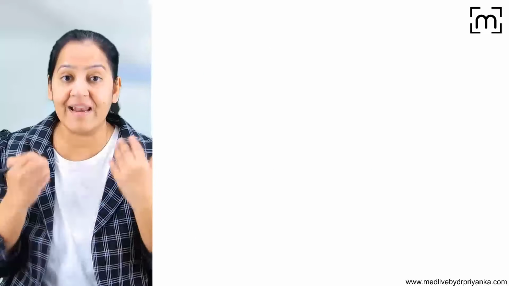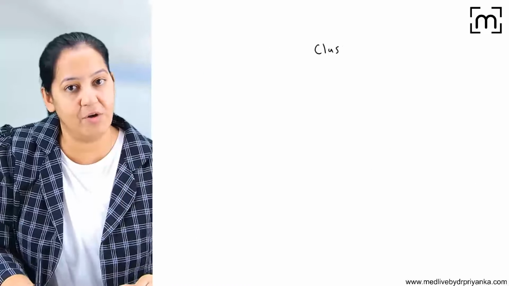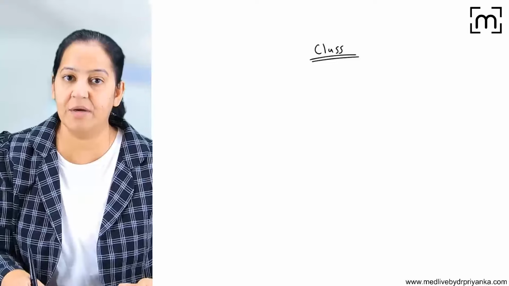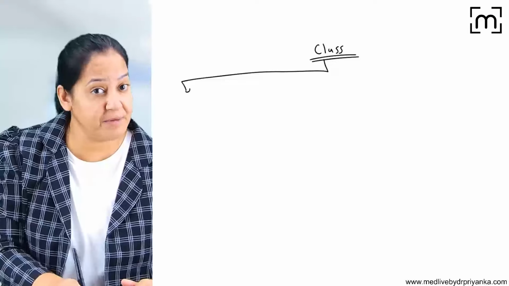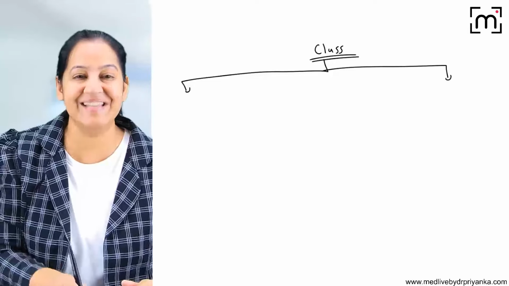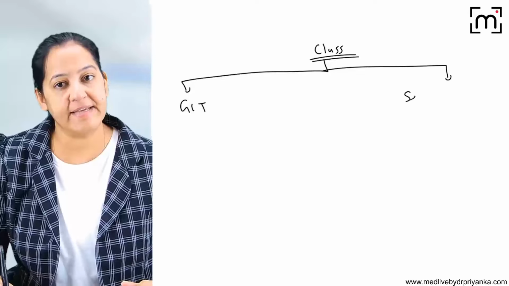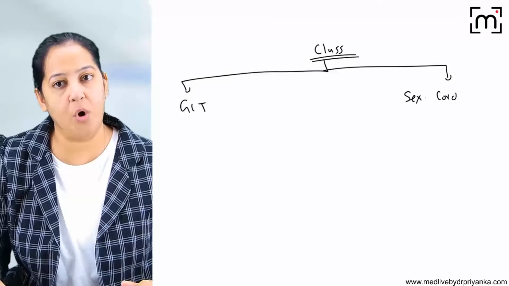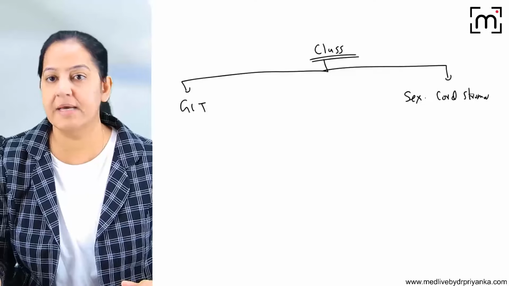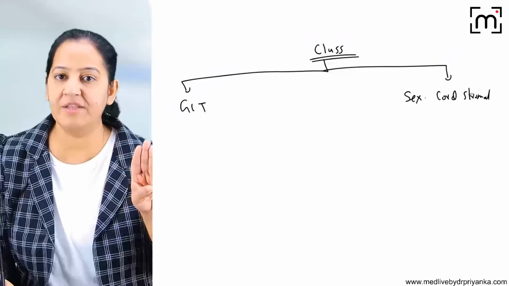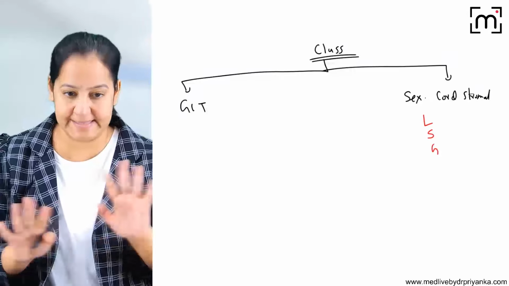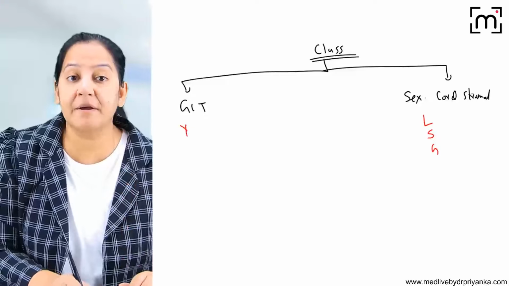So tell me the final classification, the 2 classification, the pathological and clinical classification of the testicular tumor. So pathologically, we divide them into 2 categories. What are the 2 categories? Germ cell tumor, they arise from the germ cell, and the sex cord stromal tumors. The sex cord stromal tumors are very simple. Only 3 are there. LSG. That's it. The germ cell tumor are 6 in number.